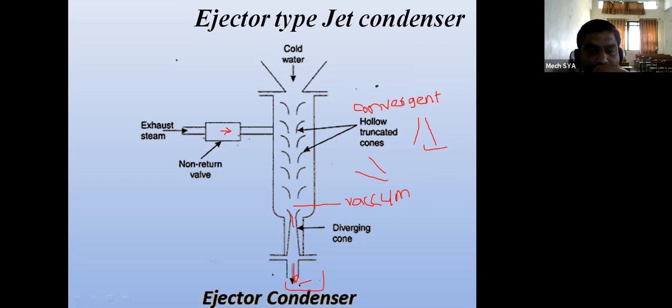When the pressure inside is more than outside, only then will the flow come out, and naturally flow to the hot well. So this is the ejector type of condenser. No condensate extraction pump is required. Depending on the height, a cooling water pump is required, but a condensate extraction pump is not required. And this is an effective type of condenser.